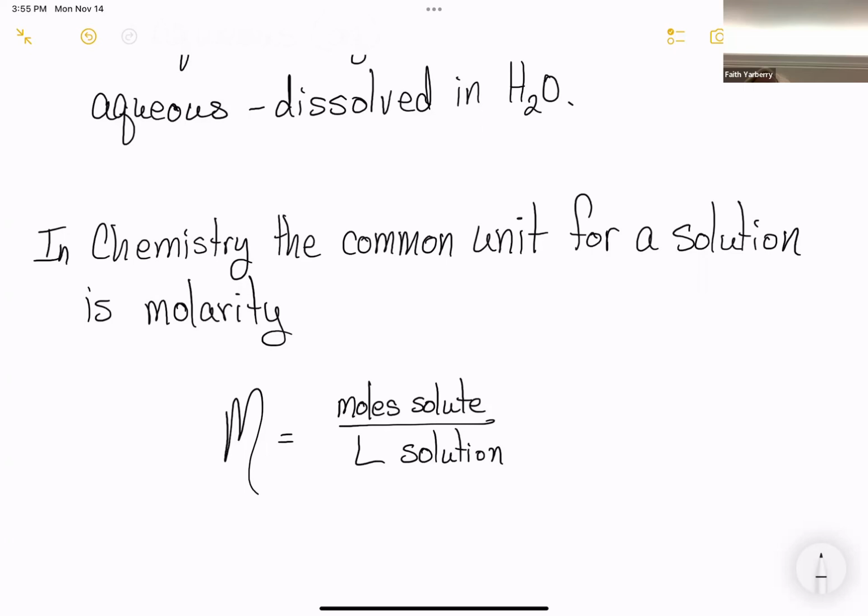Now, folks, not only will we be able to calculate molarity, but because molarity is moles solute over liters of solution, it is a fantastic conversion factor. And so it will get used as a conversion factor a lot.